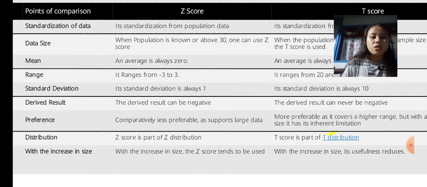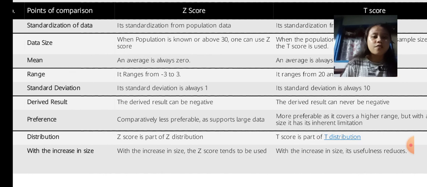For the derived result, the z-score can be negative, while the t-score can never be negative.